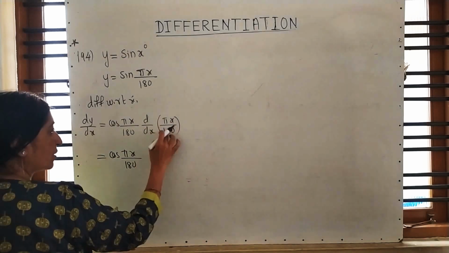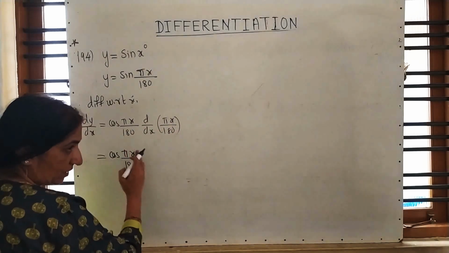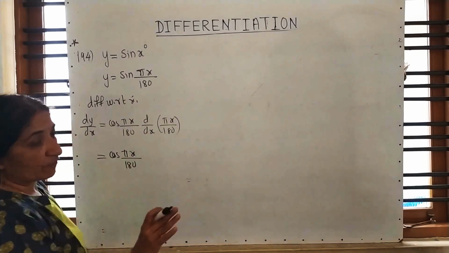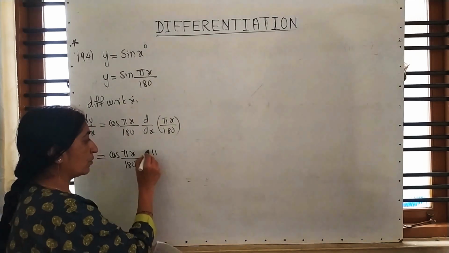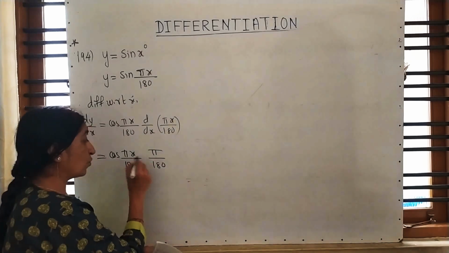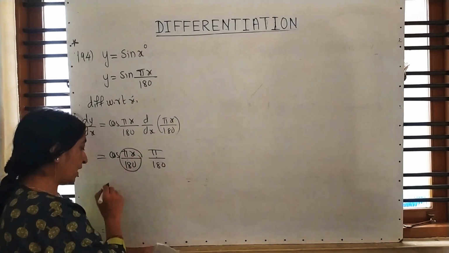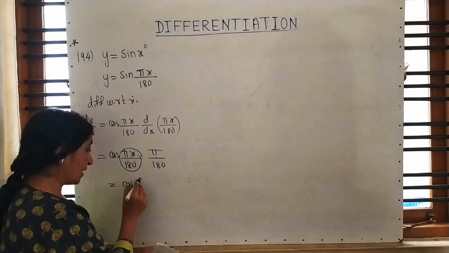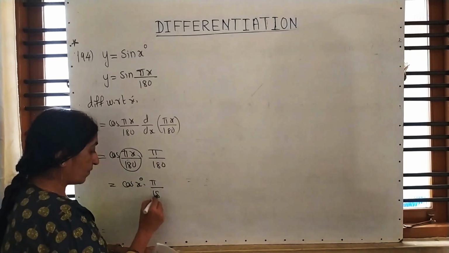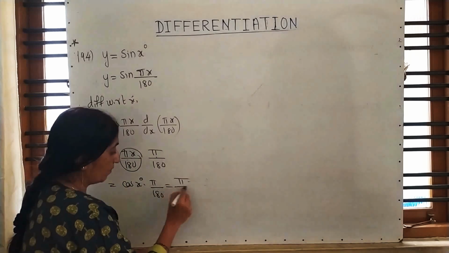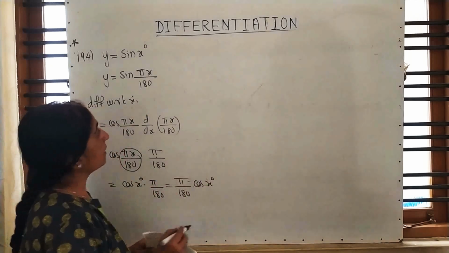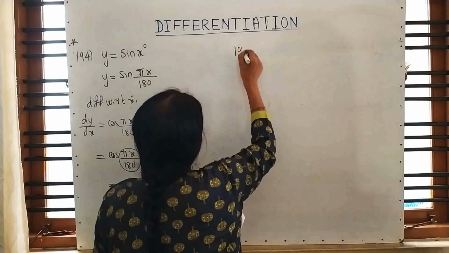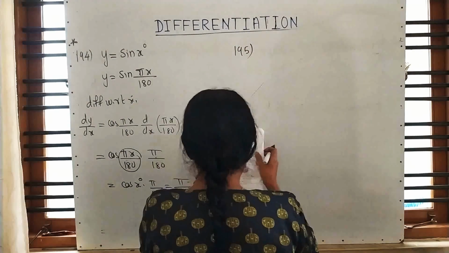Here pi is constant, 180 is constant. Write first. And what is remaining? X is remaining. What is the differentiation of x with respect to x? 1. So it is pi upon 180. Don't mix this. This you can write cos x degree, correct or what? So it is nothing but pi upon 180 cos x degree.